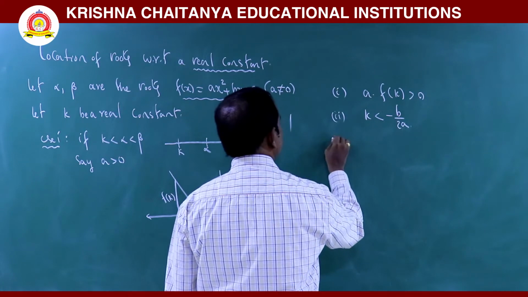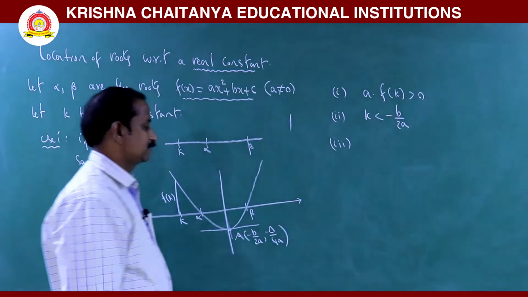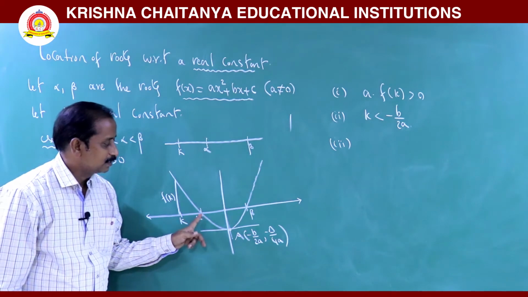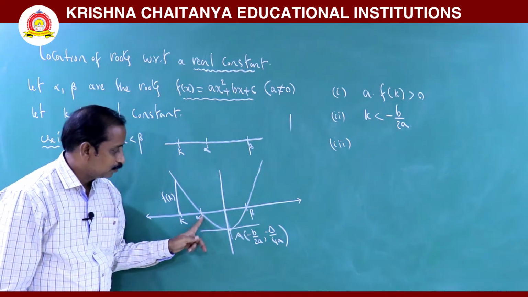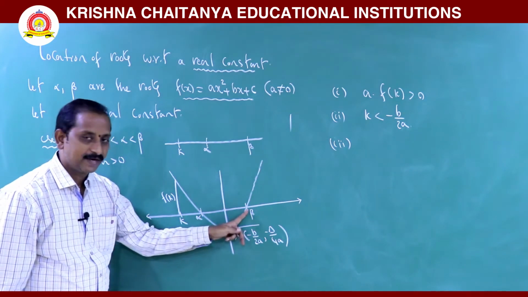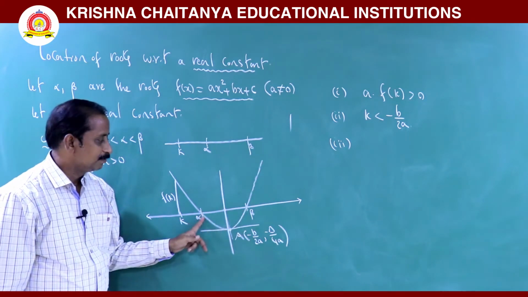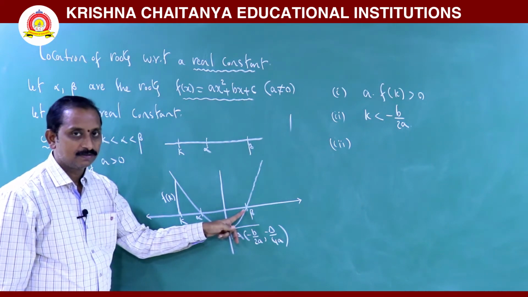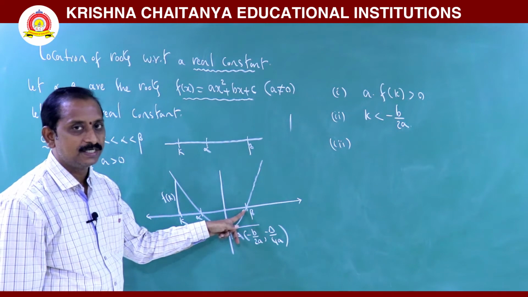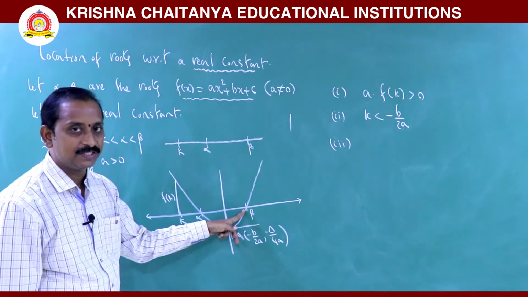Come to the third condition. What is the third condition? The curve crosses the x-axis at two distinct points, means they are different. Different means distinct roots. So any quadratic equation having distinct roots has discriminant greater than 0.